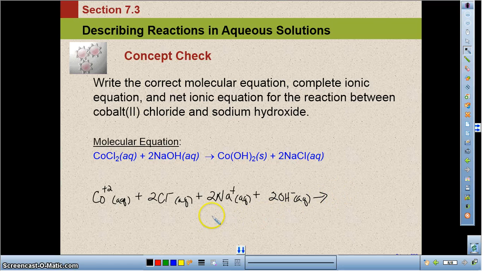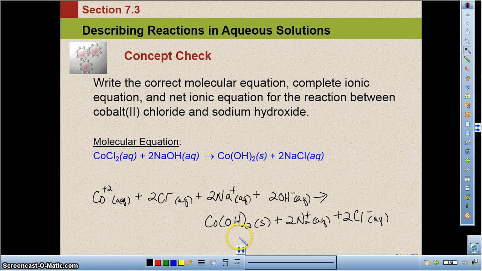So we're going to come down here and write this. It's going to be Co(OH)2 solid, plus 2 sodium that are aqueous, and 2 chlorine that are aqueous as well. When you get to this point, if you balanced your equation correctly, your spectator ions are going to cancel without any issue at all.